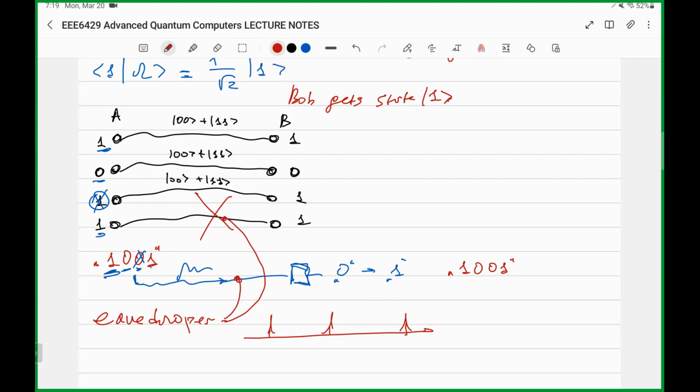So the eavesdropper cannot get information from the classical channel, and any try of getting information from the quantum channel immediately destroys the quantum superposition and breaks it. The eavesdropper cannot get information from there.